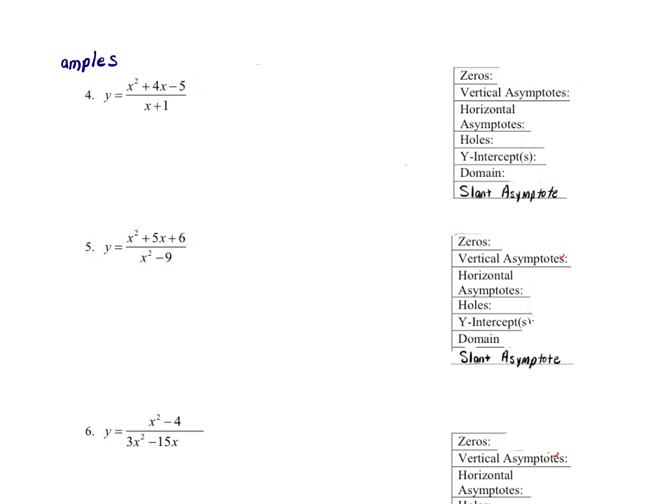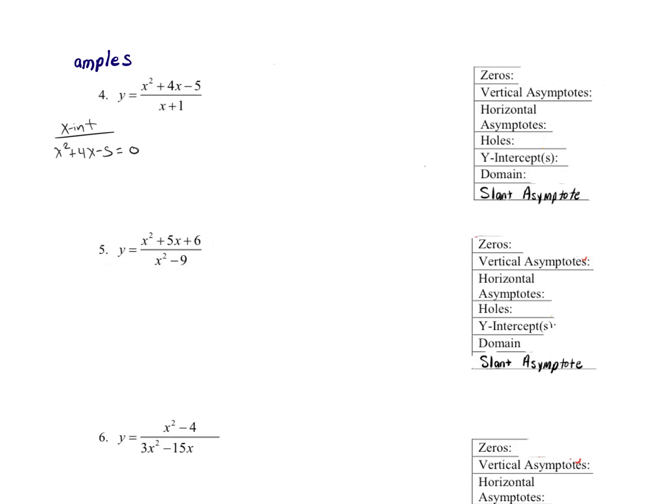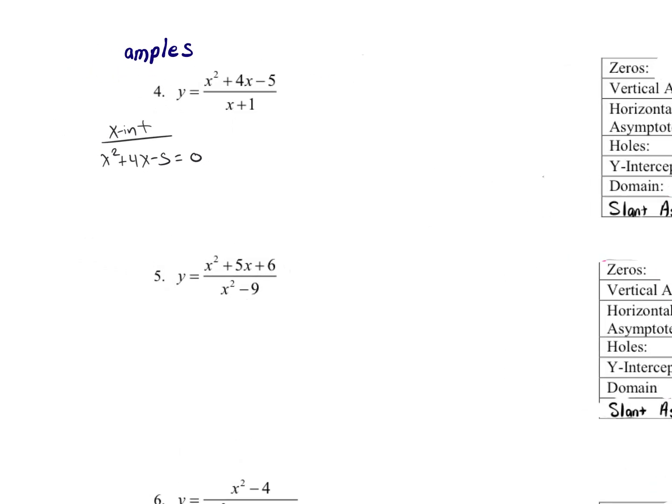So for the zeros, or x-intercept, we're going to grab the numerator, x squared plus 4x minus 5 equal to 0. We're looking for the factors of negative 5 that add up to positive 4. So we'll get x plus 5, x minus 1.